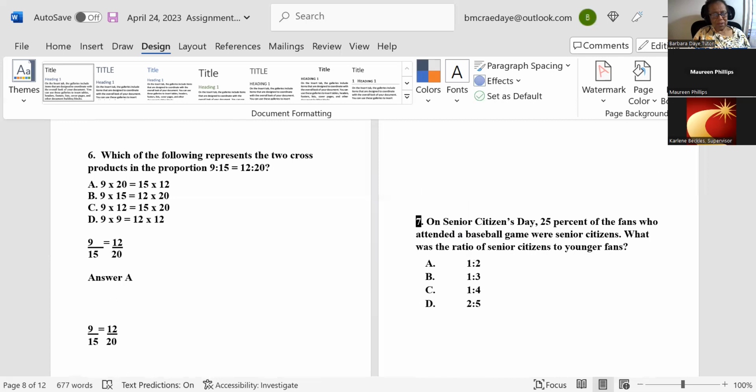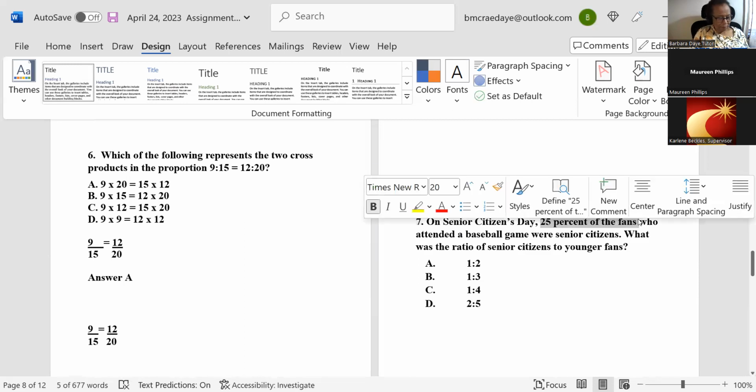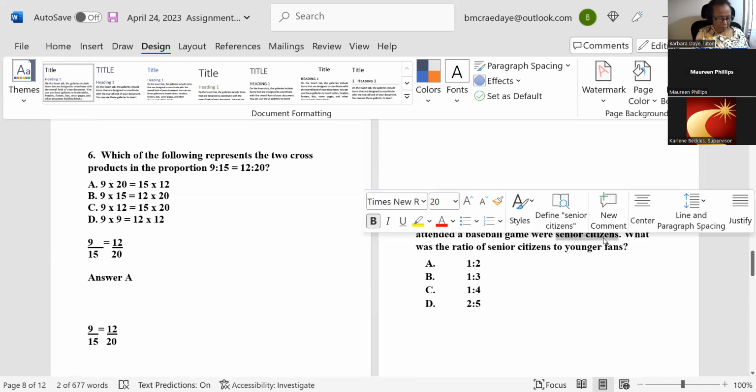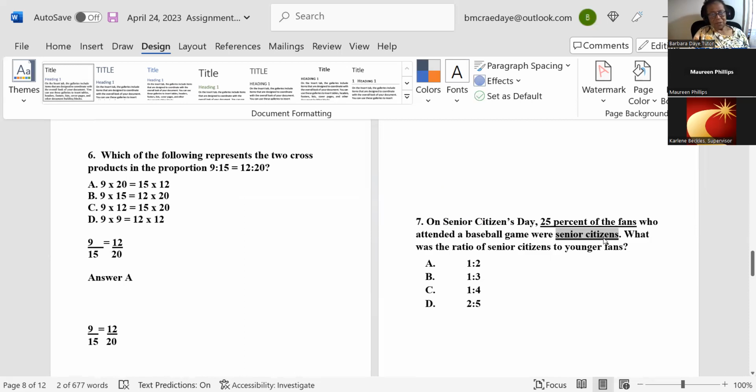How could you find that for me? 25% of the fans were senior citizens. Don't forget, I do 25% from 100, right? That's right. Very good. You're on the right path. So, how many fans were younger?